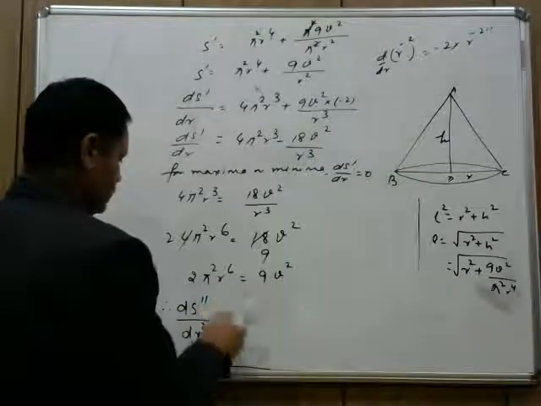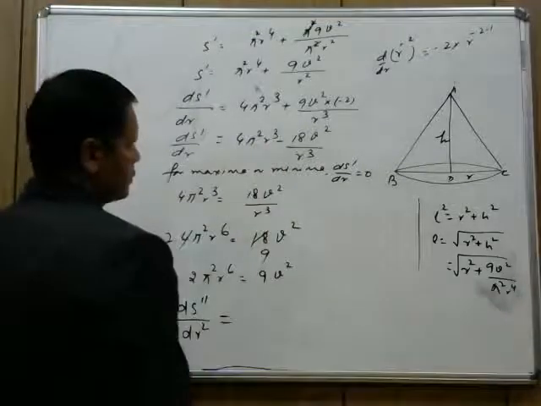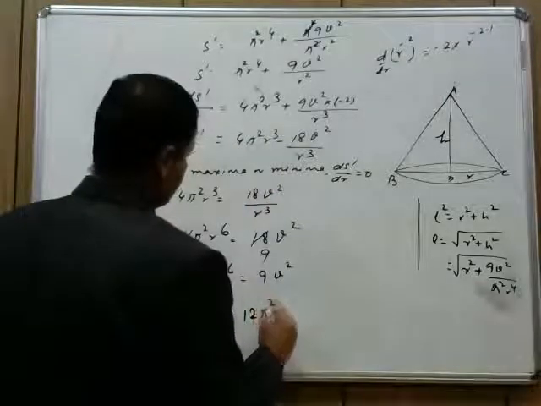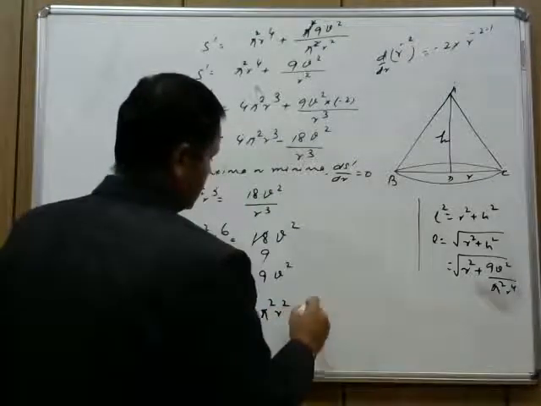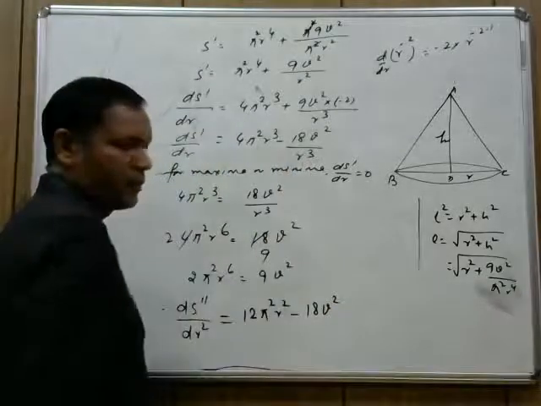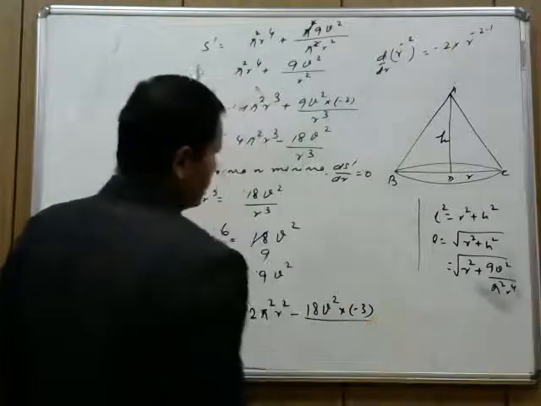This is equal to 4 pi square r cube, how much will we have? 4 3s are 12 pi square r square minus 18v square, and the differential of r to the power minus 3 becomes minus 3 upon r to the power 4.